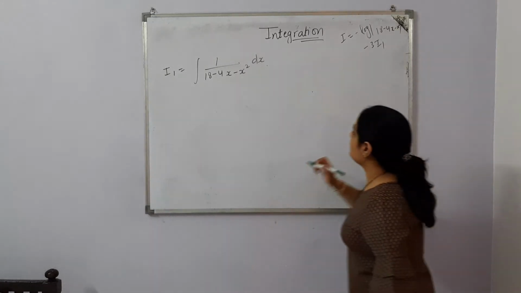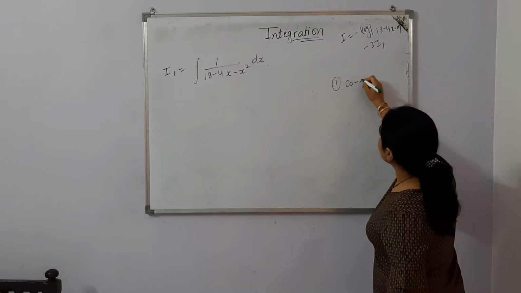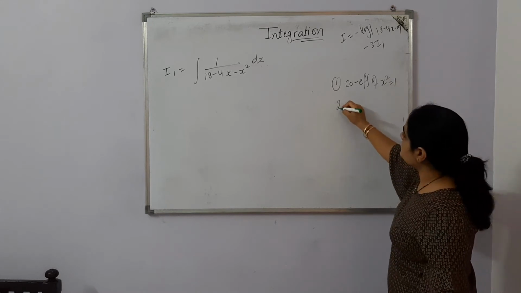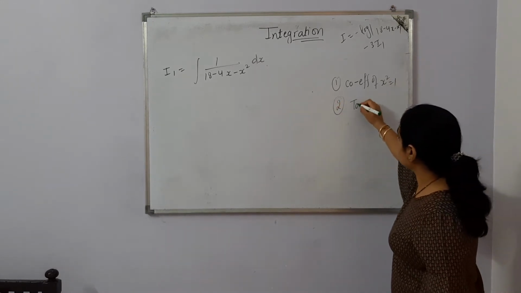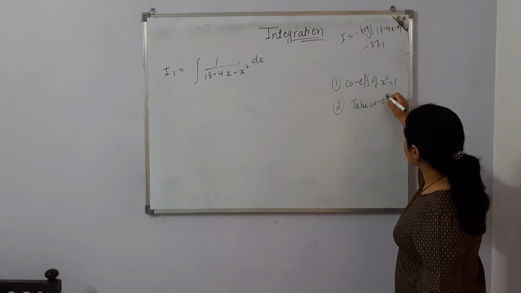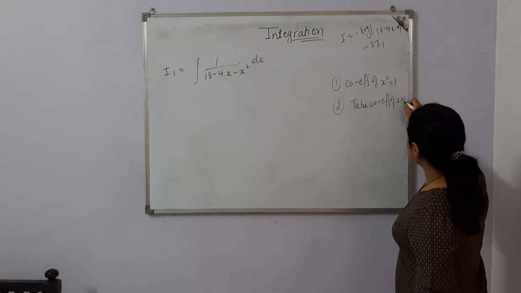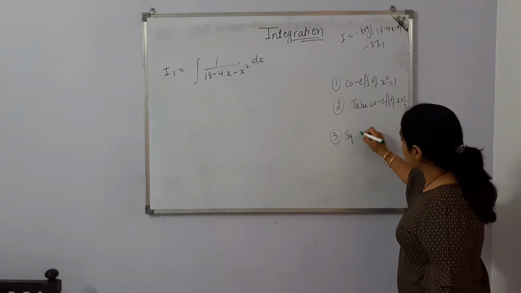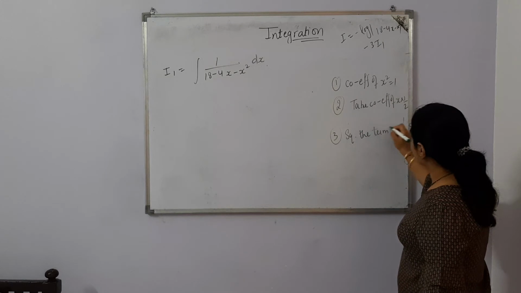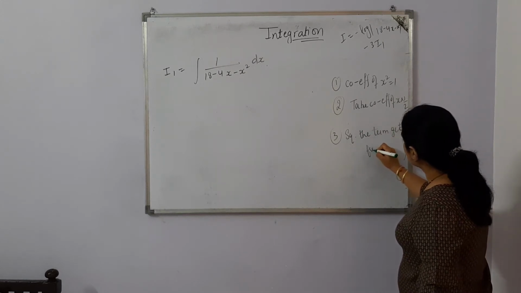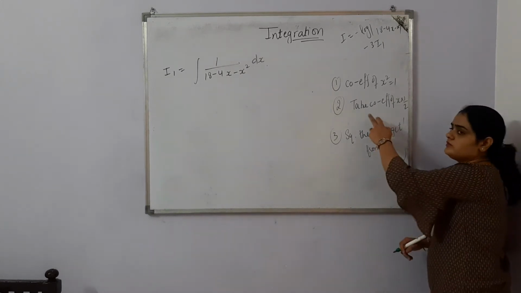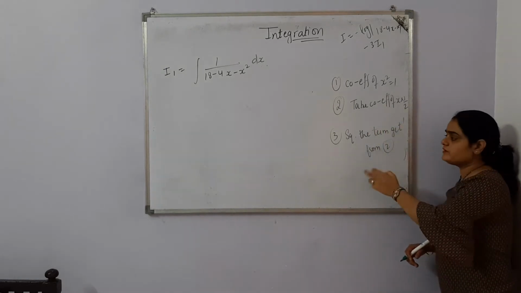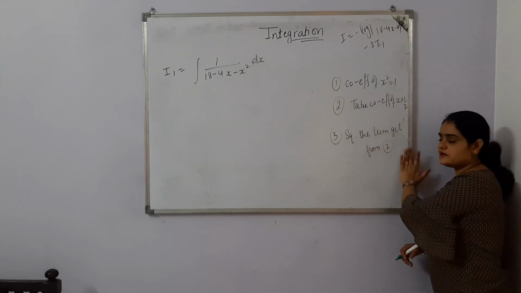The completing the square criteria is saying the coefficient of x square should be 1, and the second point is saying take the coefficient of x and multiply it by 1 by 2. Then do the scaling of the term we get from it.